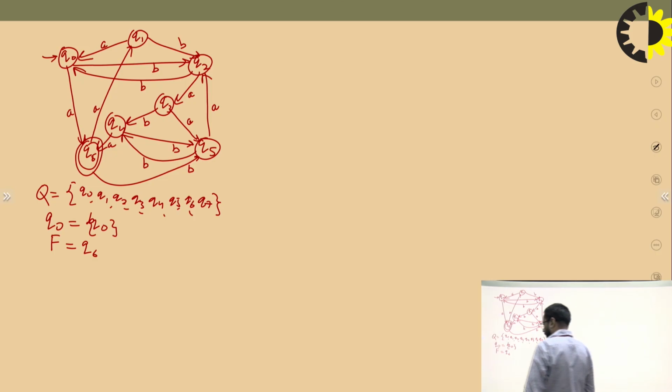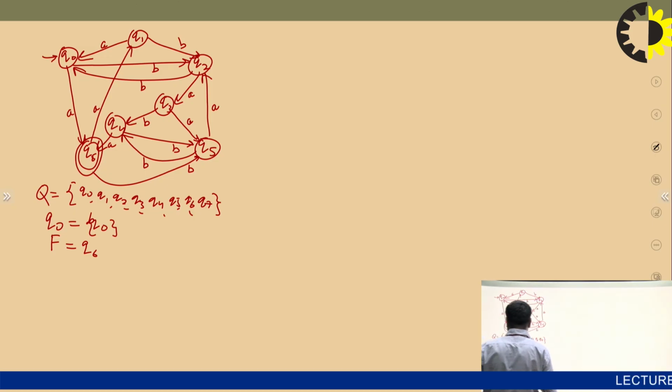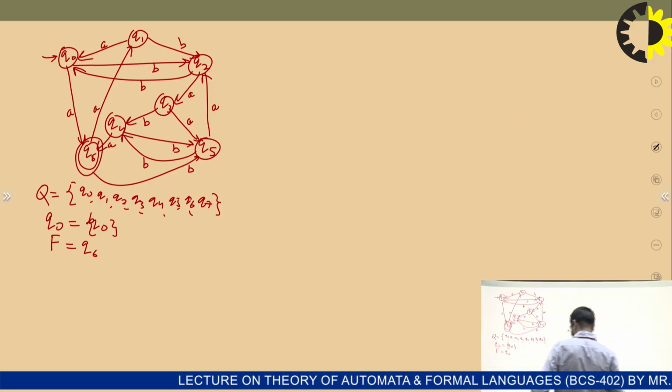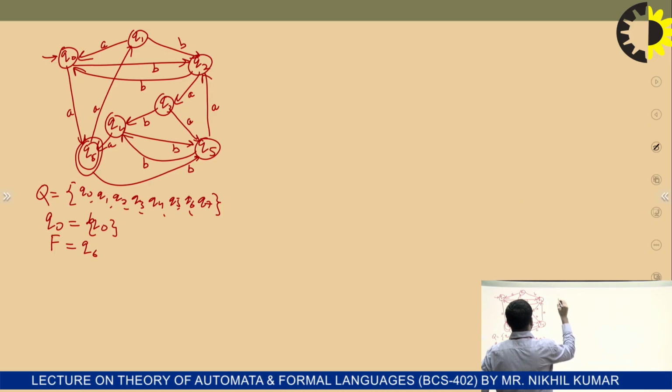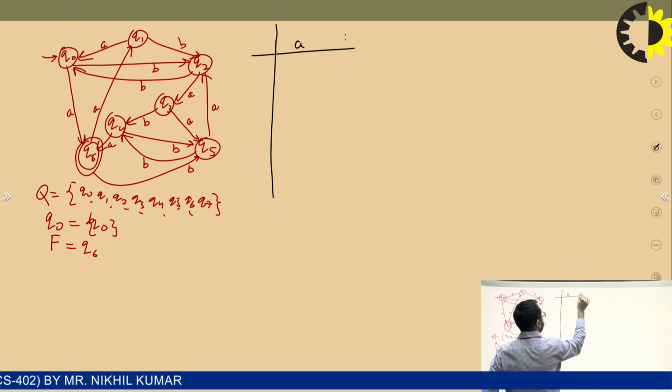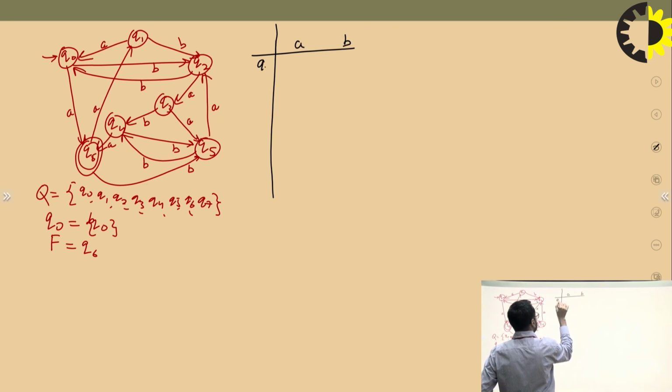So what will be the next step? To find the transition table from this. To calculate the transition table, it is very simple. We have the input symbols A and B, and the given states are Q naught, Q1, Q2, Q3, Q4, Q5 and Q6, where Q6 is the final state and Q naught is the initial state.